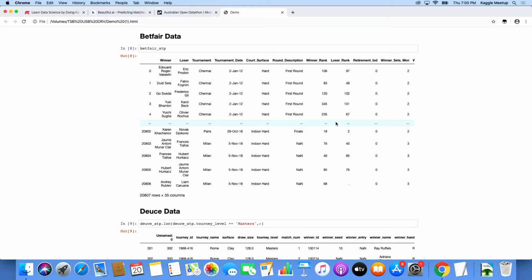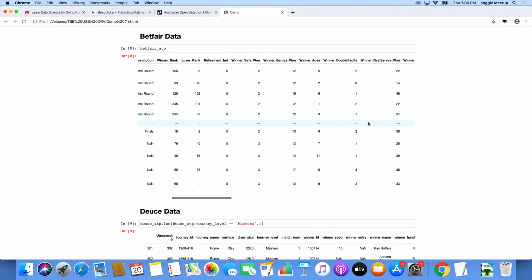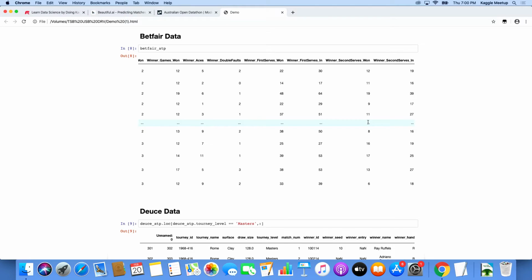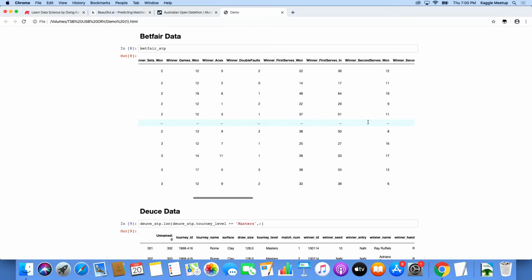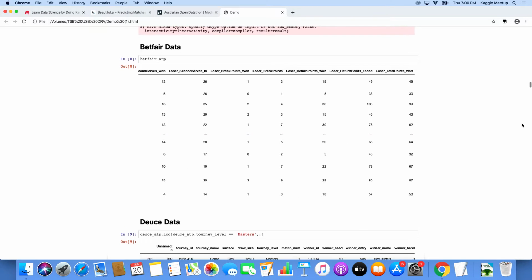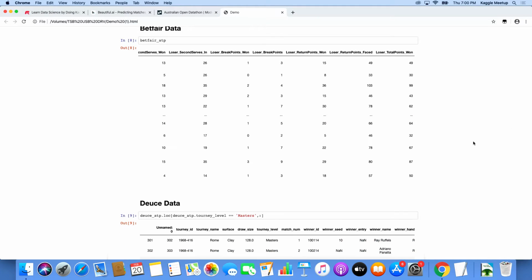And also the juicy stuff, which is all the match level information. We get things such as the number of games that they won, how well they did on their serve, how many times they got the ball in on the return, and that's broken down by both winner and loser. So this is the data set provided by Betfair. I can show you a quick peek of it. I don't think I can actually give it to you because it's restricted access from the competition.